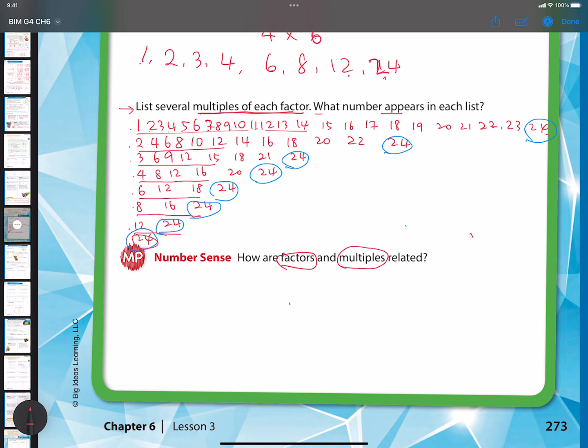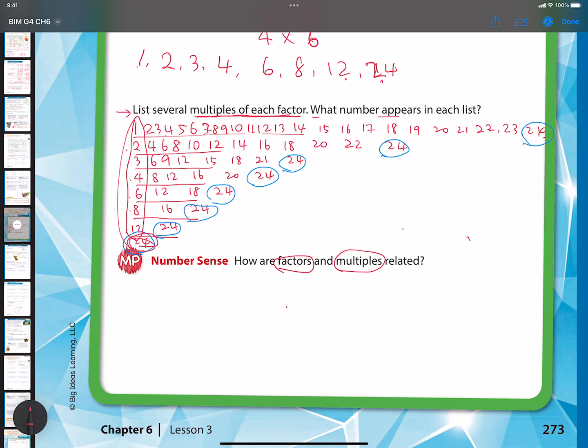Okay, each factor has what? A multiple equal to the number, which is 24, the original number which is being factored. Okay, this 24 was factored, right? We did just factoring of 24 and we found out the factors, right?